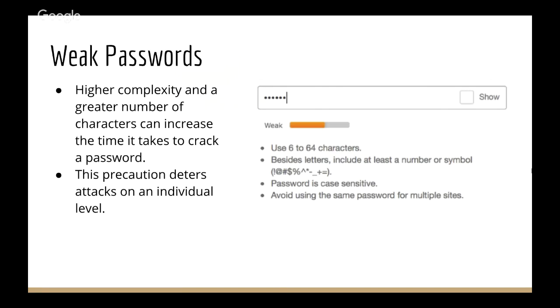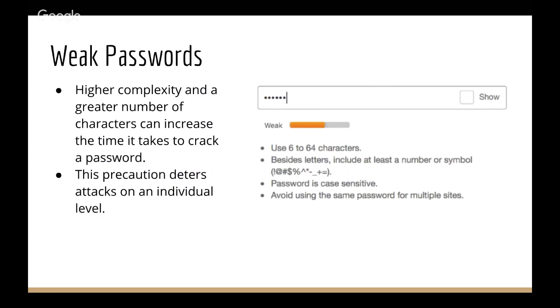As we have more complex passwords with greater password lengths and a variety of characters, such as symbols and numbers and upper and lowercase letters, as we use combinations of those, it becomes a lot harder for even a GPU to crack that password and generate all the possibilities that could be used with those passwords.